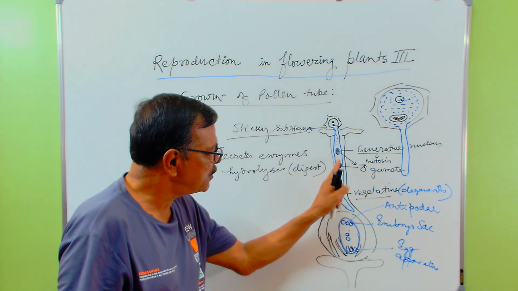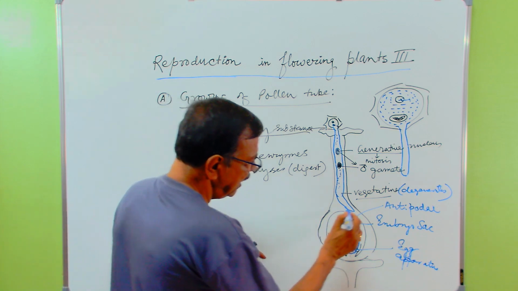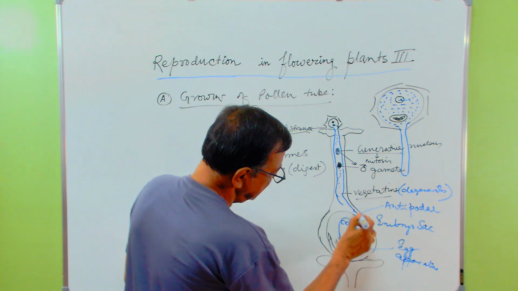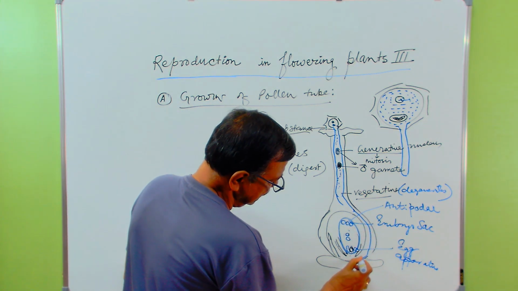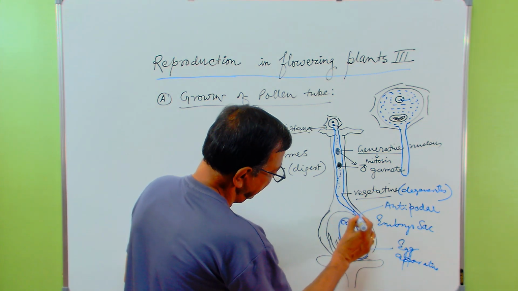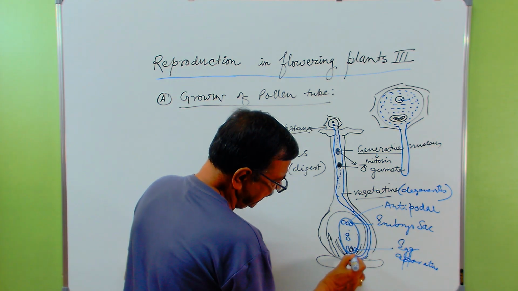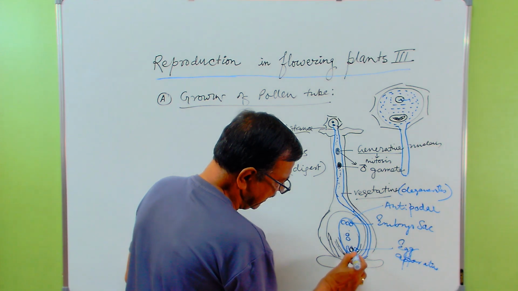And now these two male gametes come through this pollen tube. This is the pollen tube. It comes through the micropylar end. So the pollen tube enters the micropylar end.